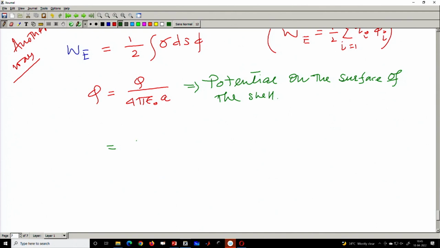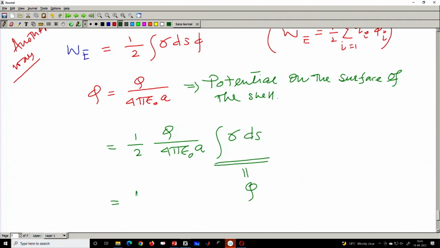So, simply I have half, and this quantity is q divided by 4 pi epsilon 0 A, and then I have the integration of sigma ds. Now, this sigma ds is nothing but the total charge.